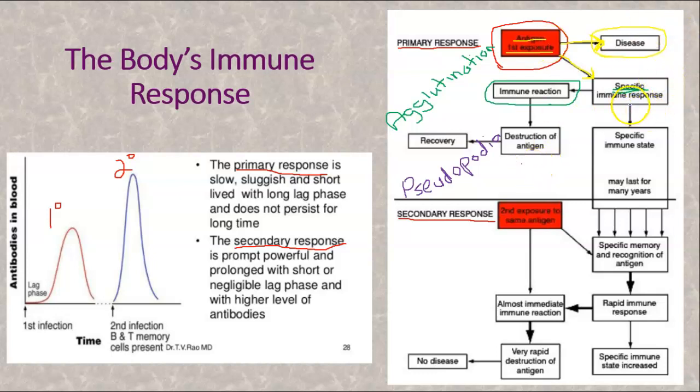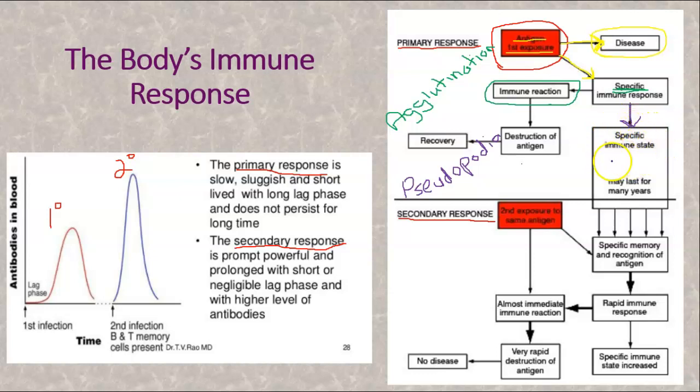Now, if you look at this arrow here, you would realize that there is a specific immune state. Because of that immune response, there is a temporary immunity that results.